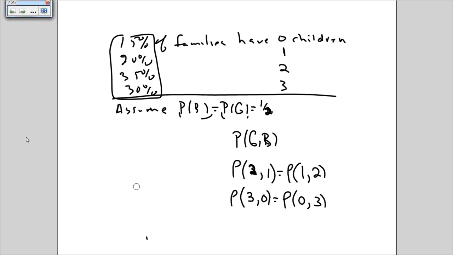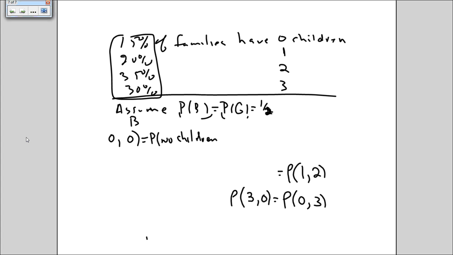So what are the chances that, just for me, it's girls and then boys. What are the chances that you have 0 girls and 0 boys? Well, this is the probability that you have no children. And of all the probabilities that we're going to compute right now, that's the easiest one.